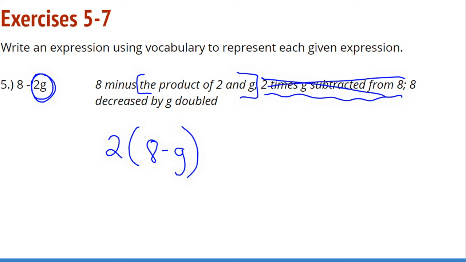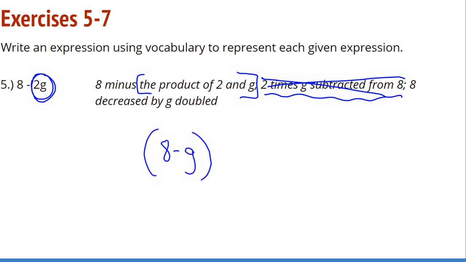But do you see the confusion that could come out of that? Now 8 decreased by g doubled. So I've got 8 decreased by g that has been doubled. Although on this one you could have 8 decreased by g doubled.